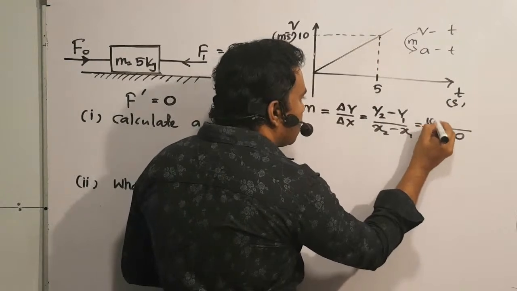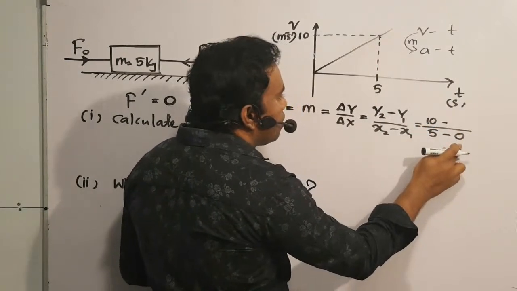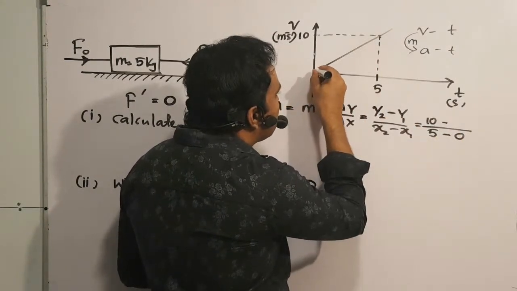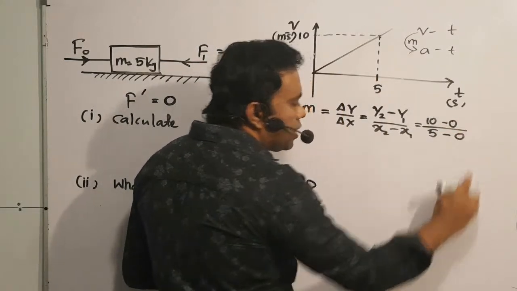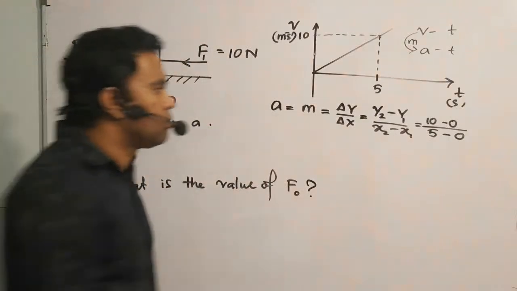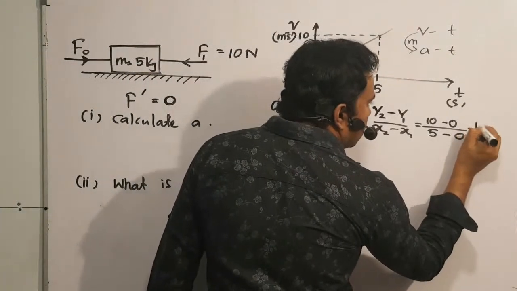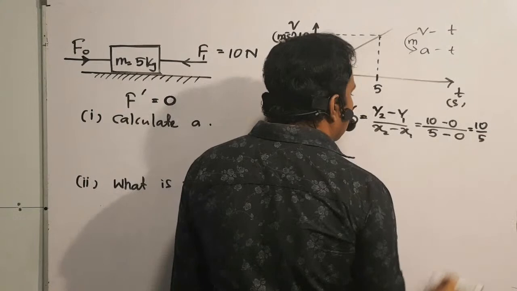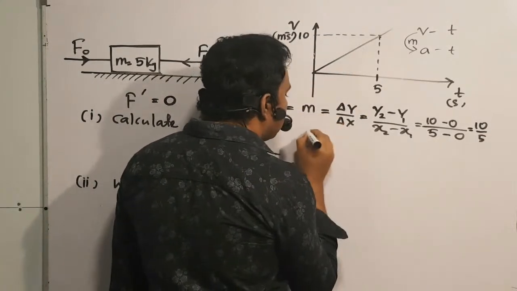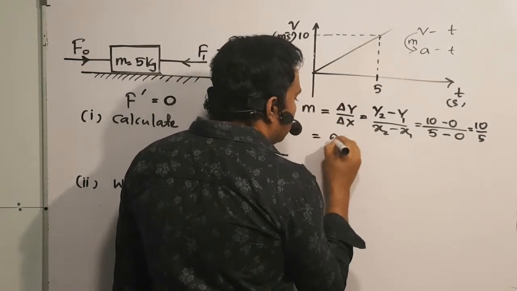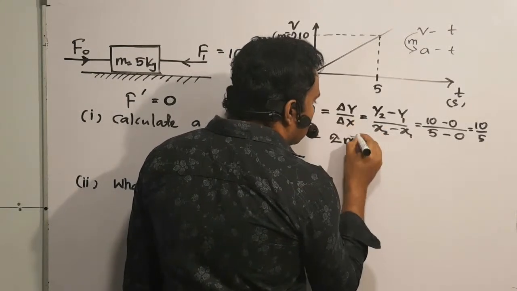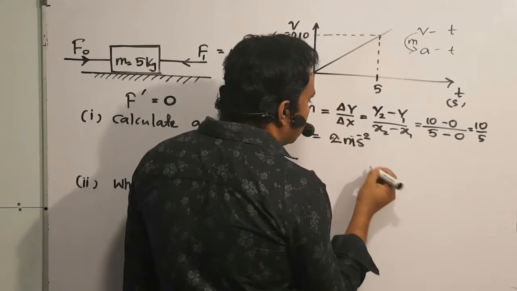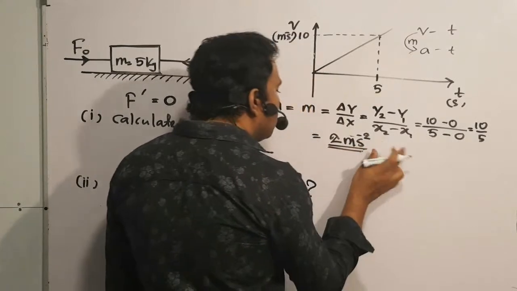That's 10. 10 subtraction 0 to 0, it's a graph 0 to 0. So here that equals 10 upon 5. So the answer is 2 meters per square second. So your answer is correct.